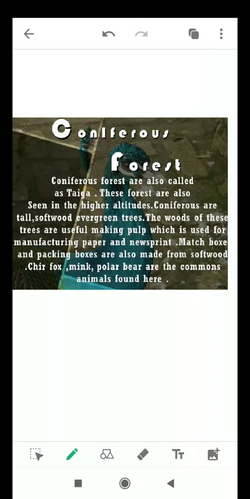The branches are sloping and the leaves are needle shaped and waxy. These forests are the habitat of furry animals such as moose, red fox, snow shrew, rabbit, and birds such as crossbill and the great horned owl.